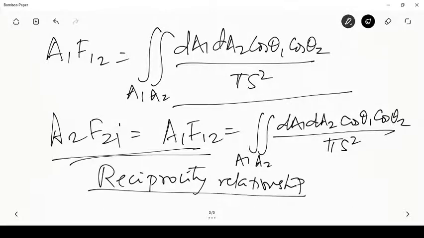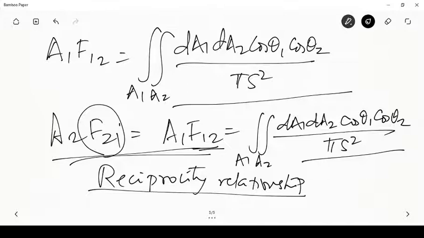So if I know the fraction of energy leaving surface 1 and reaching surface 2, that is F12, I can simply calculate F21 by multiplying it by A1 by A2, or vice versa. So you don't need to do this integration separately for each surface; if I know it for one surface, by reciprocity it is possible to get the view factor for the other surface. Why is this important?